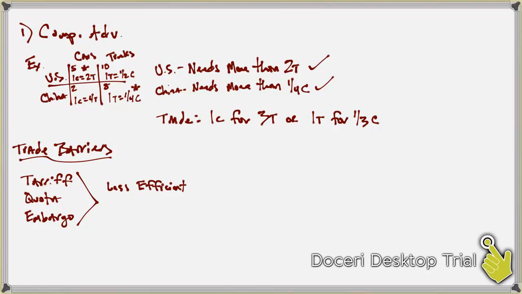So now we're forced to produce something on our own that we don't have the comparative advantage in, which ultimately is going to be less efficient. We're going to waste resources trying to make coffee because we can't trade for it anymore for what we could when it was free trade. Okay? So trade barriers limit efficiency. Okay? We don't like that.